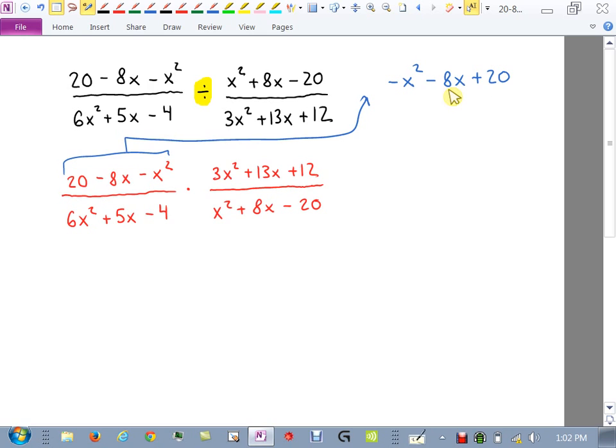If you don't notice that, you have to go through the AC method. But since it was noticed, I will pull a -1 out of this. And what would be left? X squared plus 8x and then minus 20, right? Well, that's pretty darn good.